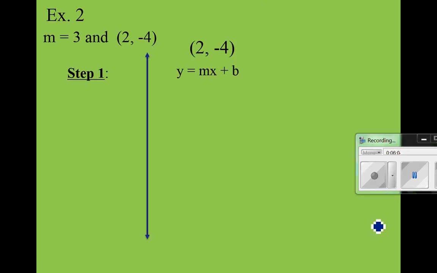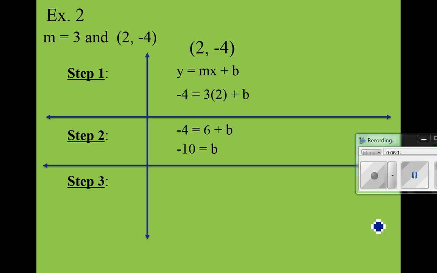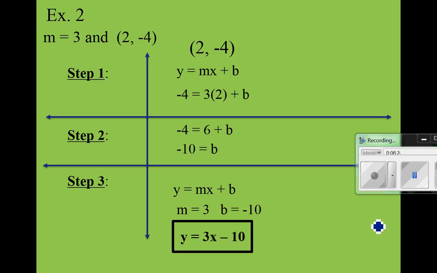So step 1, you substitute the x and the y and the m into the equation. Step 2, you solve for b. Step 3, we substitute the m and the b into the equation to get y equals 3x minus 10.